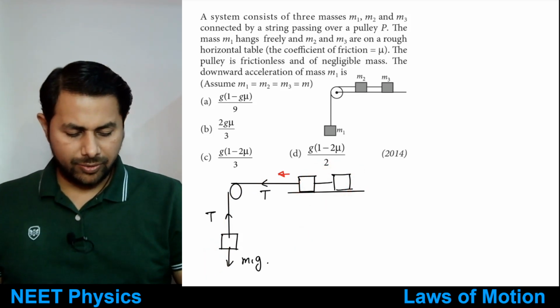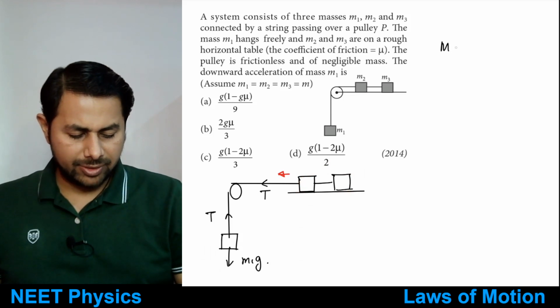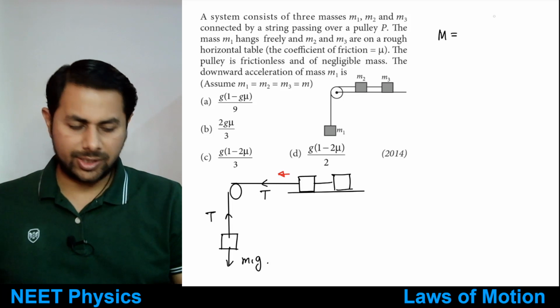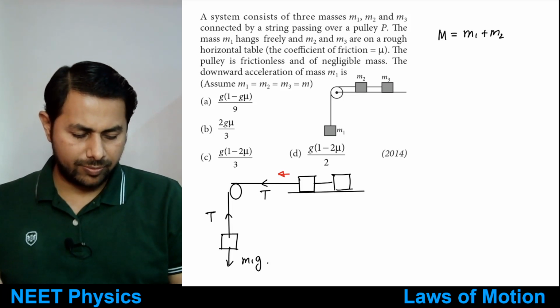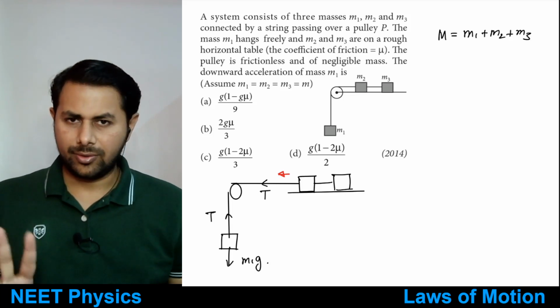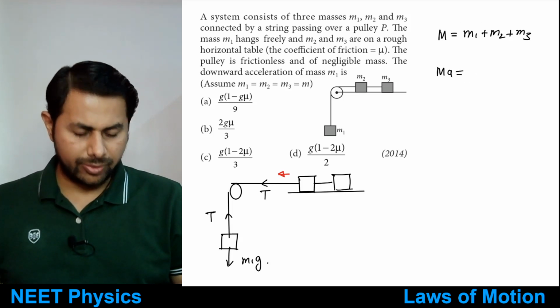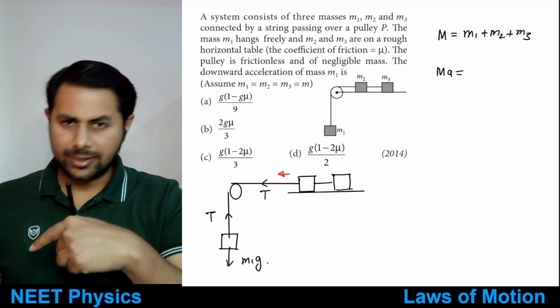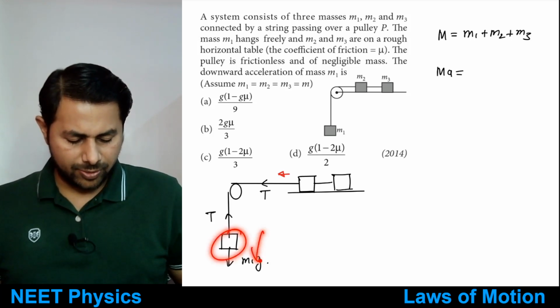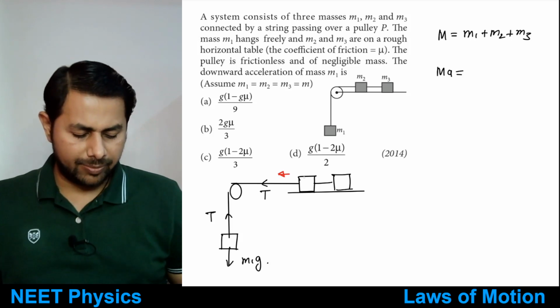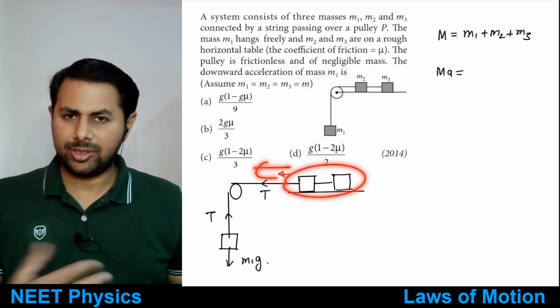And therefore you can say mass times acceleration. What is the mass? The mass of the system, m1 plus m2 plus m3. So mass times acceleration is equal to the force in the direction of acceleration. That is this force, m1, which is pulling the system down, resulting in acceleration of the system.